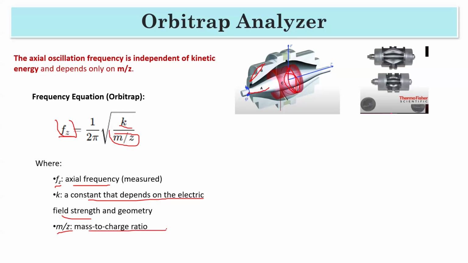In all of them the concept is similar. If it is circular motion or any rotation, we should know the frequency, and then we can correlate it with m by z, and know how much m by z there is for some molecular ion peak or fragment ion peak.